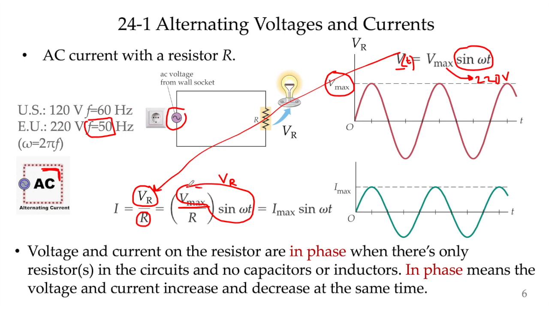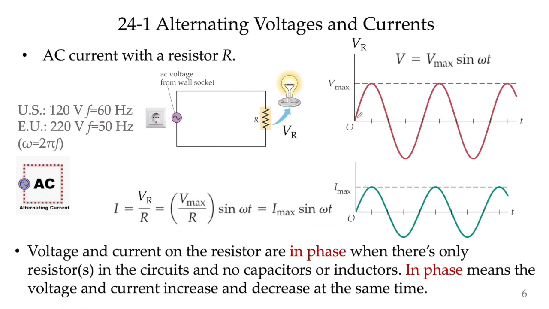Okay, and this part gives you the maximum current, and we also have sine omega t. So this is going to be the current in the circuit. We have this current in the circuit, and we have this voltage on the resistor.